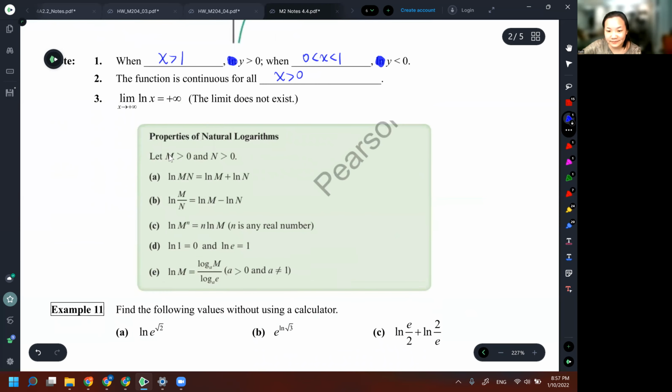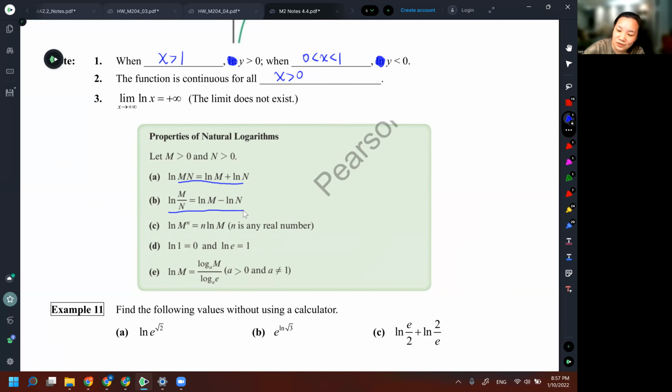Properties of log. These are the properties of any log, but also the natural logs. This one you use all the time. This one you also use all the time. But I don't know if you use this all the time: ln 1 over n equals negative ln n.